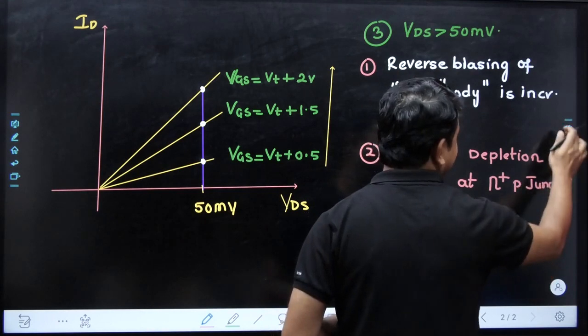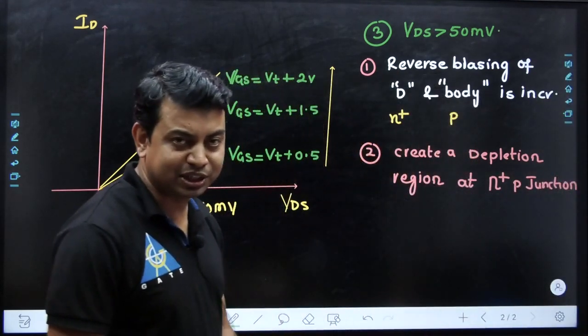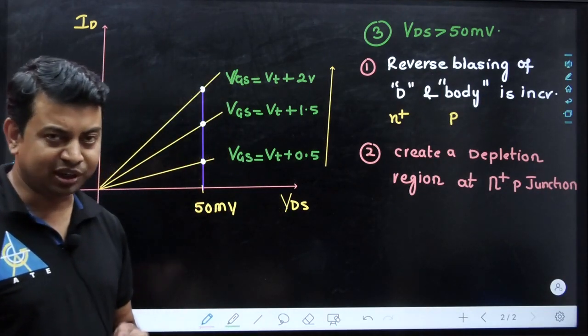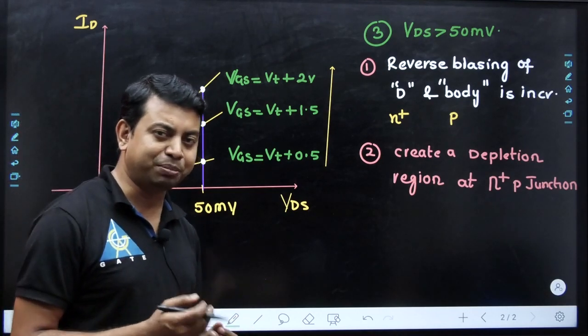If it is creating a depletion region at the N plus P junction, then what will happen? This depletion region will remove the electrons from the junction of P and N.